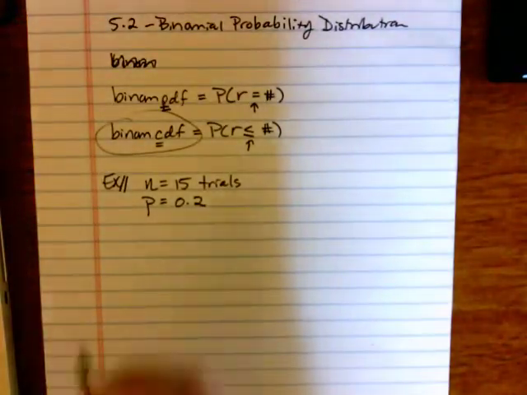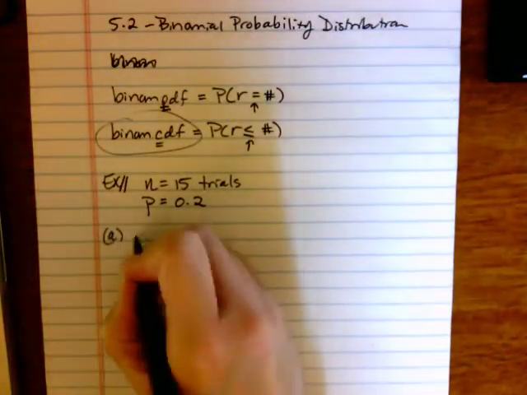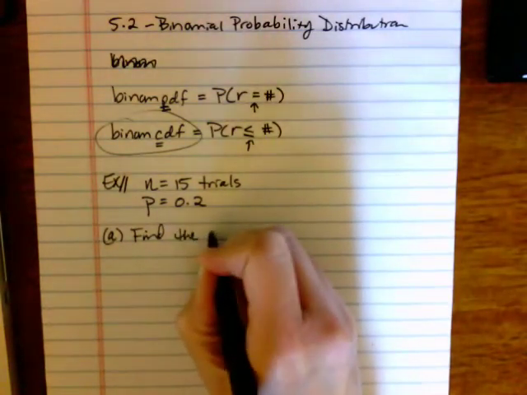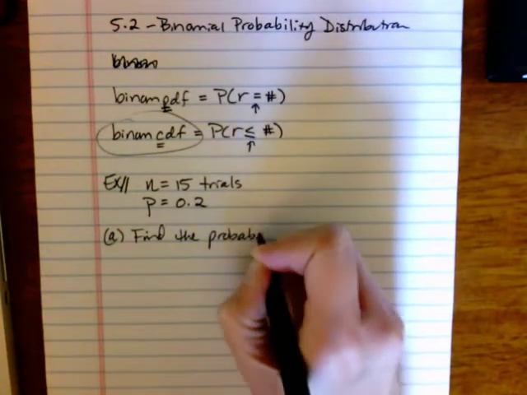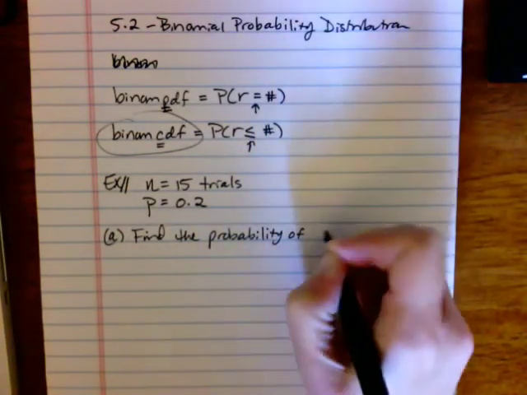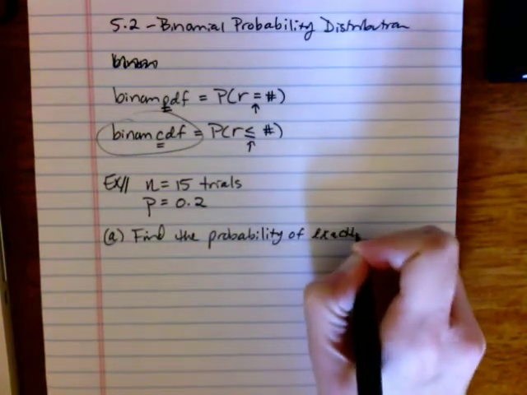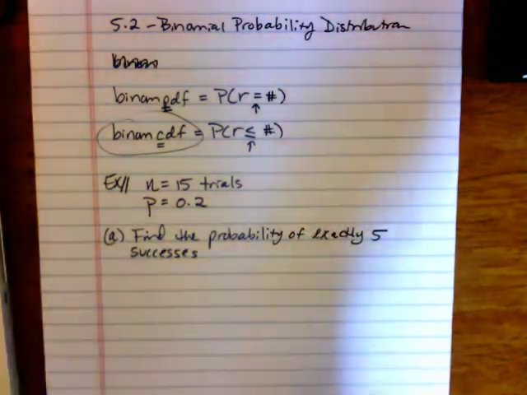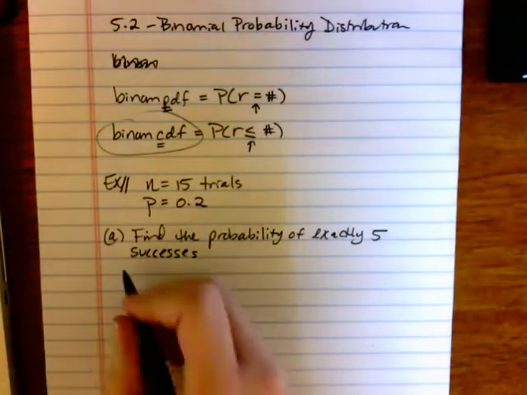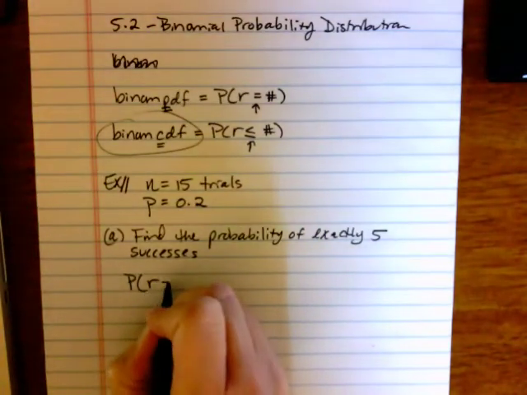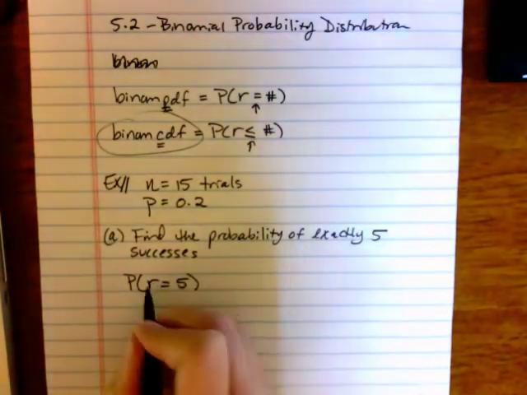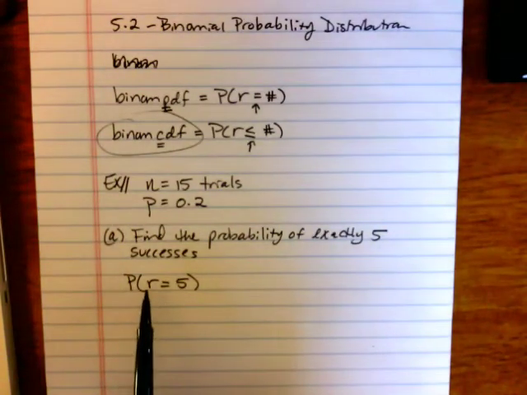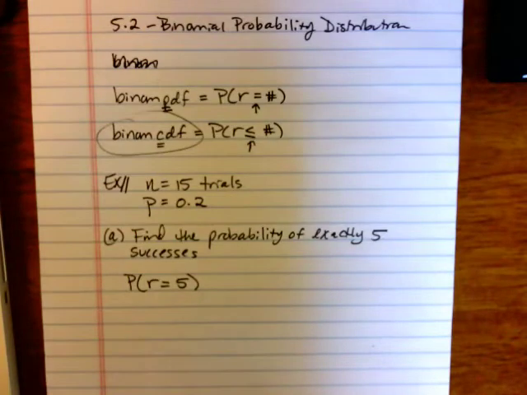And then let's say that we want to, in part A, find the probability of exactly 5 successes. Since R, lowercase r, is the letter that we use for number of successes, I'm looking for the probability that R is strictly equal to 5.